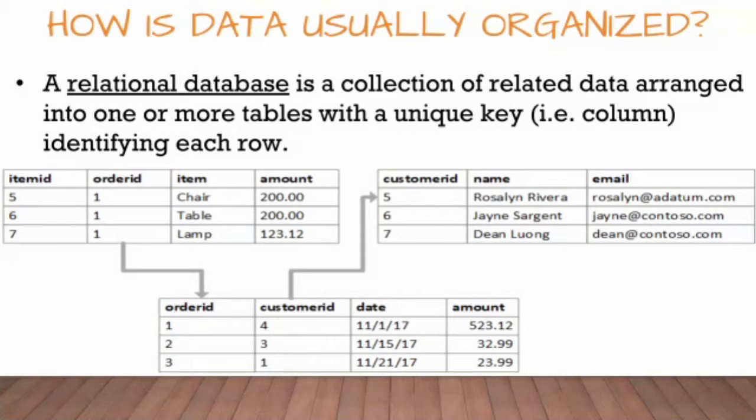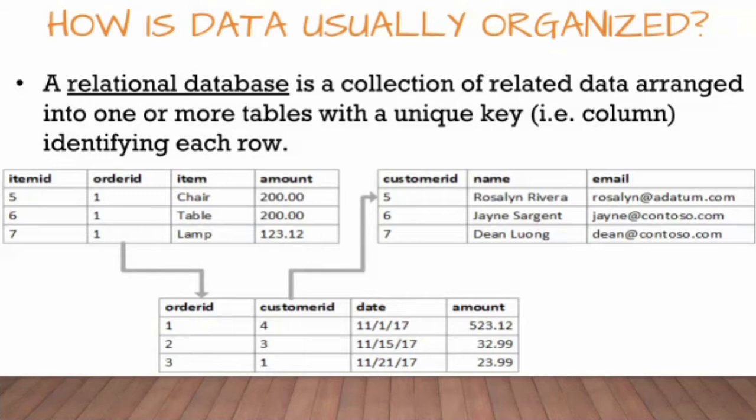So the bottom table tells you that for that order, you have that customer and they ordered on that date for that amount. And then the right table, you have the customer's information. So it's very fragmented, but it's very efficient because you have data stored in just one place. That's the purpose of a relational database. It minimizes the amount of space that you need to store your data. So that's why organizations use it.